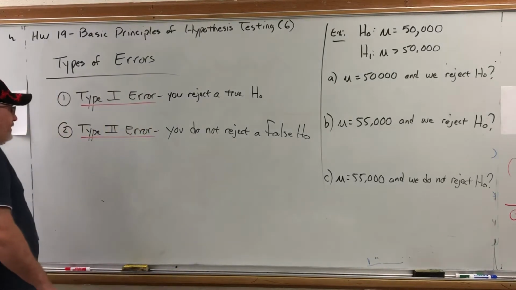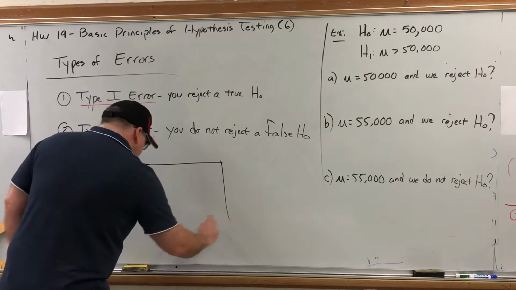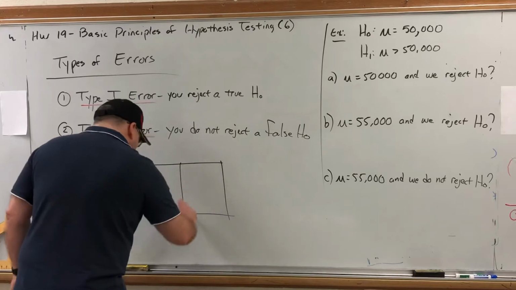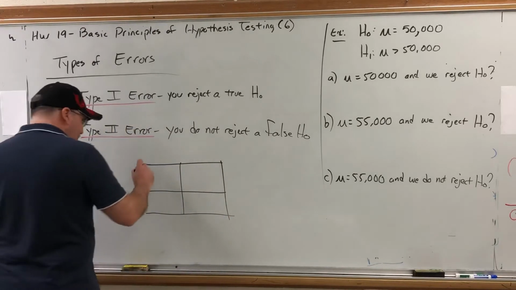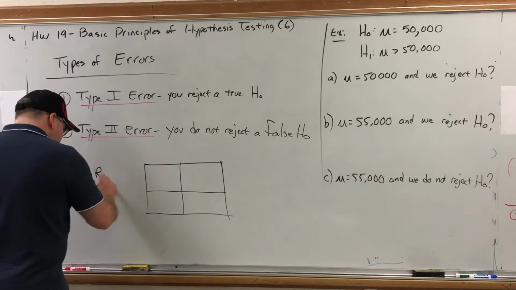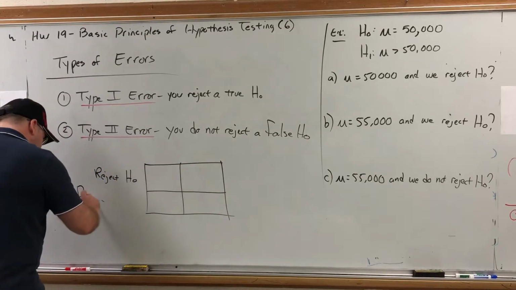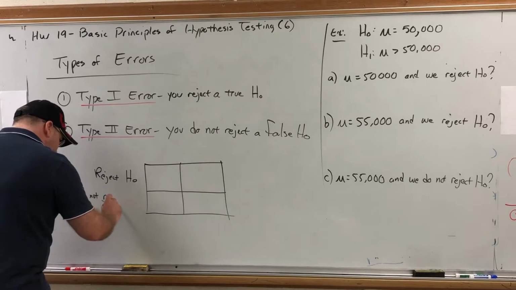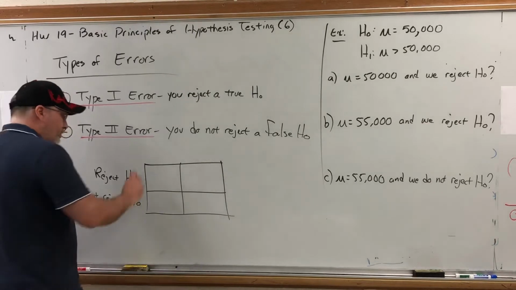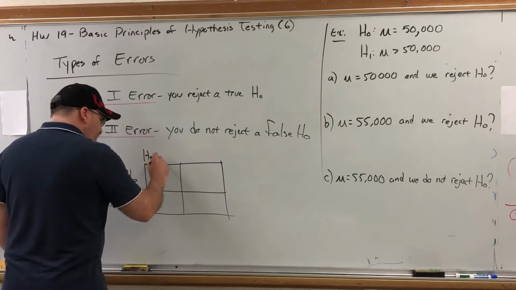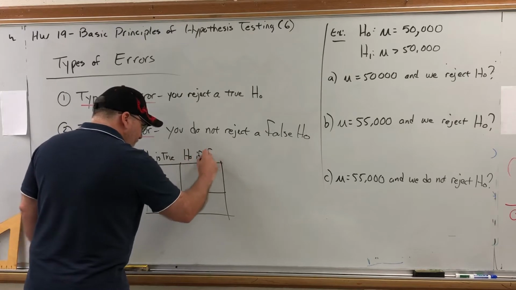There's a way you can organize the types of errors in a little table. The types of errors are based on what you do to the null hypothesis. So you either reject the null or you do not reject the null, compared to whether or not it's actually true. So the null is true or the null is false.